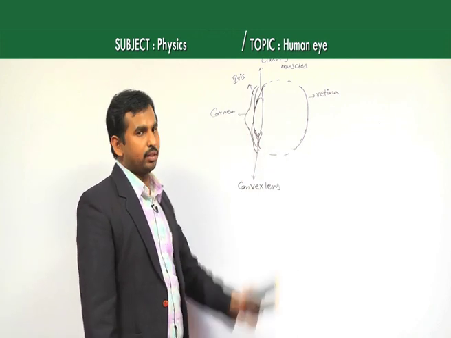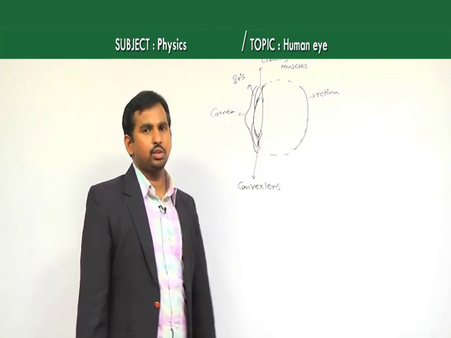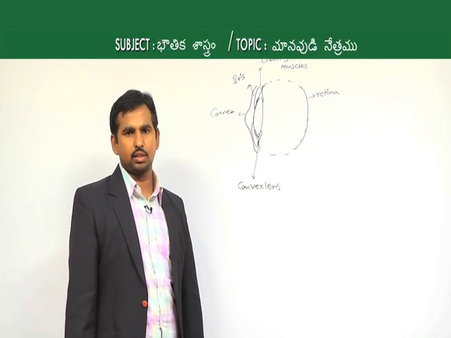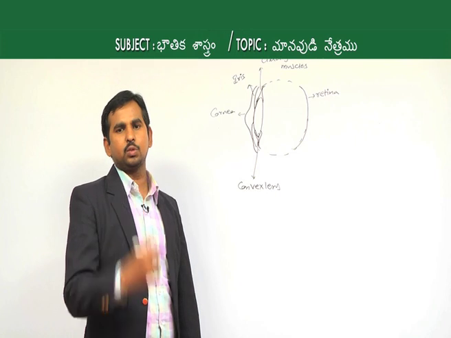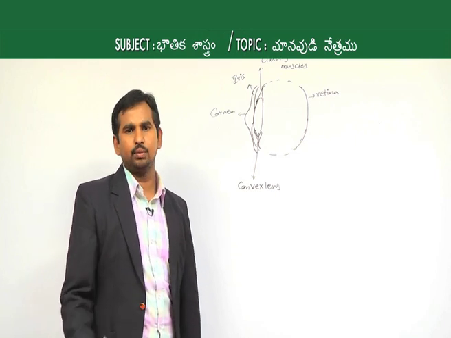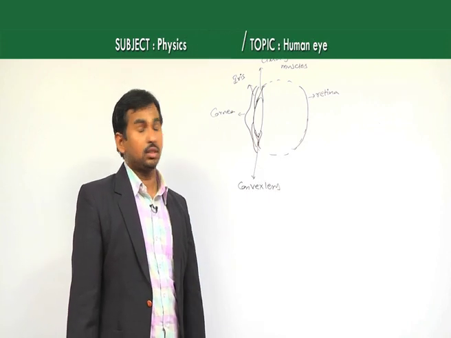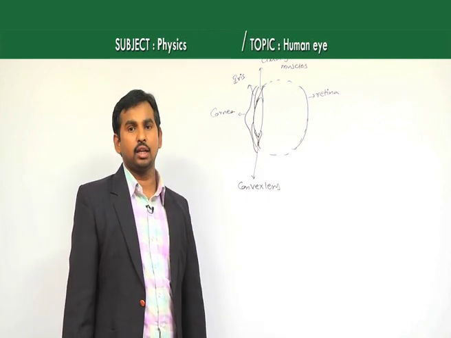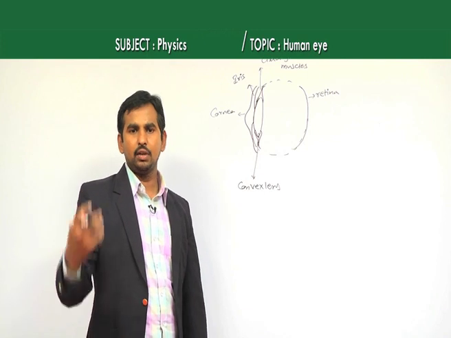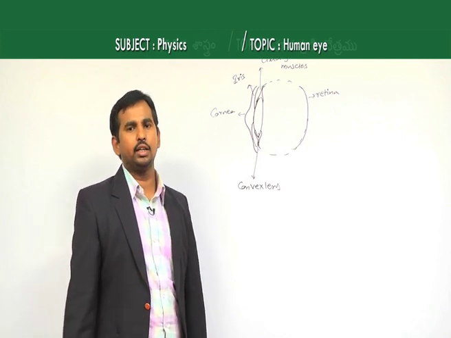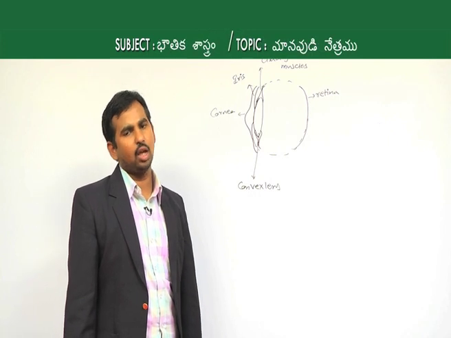Next, the iris. Our convex lens is very sensitive, which is why, whenever it is exposed to high intensity light, the eye gets damaged. That is why our iris acts like a shutter here. Whenever a high intensity beam of light is entering, it does not allow all the light rays to come directly onto the eye lens.